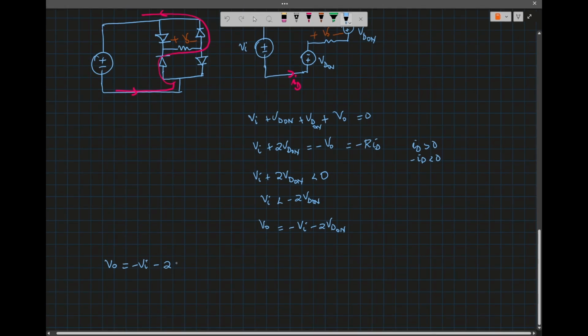So VI minus 2 VD on, as we have it over there. So for that condition, we have VI less than 2 VD on.